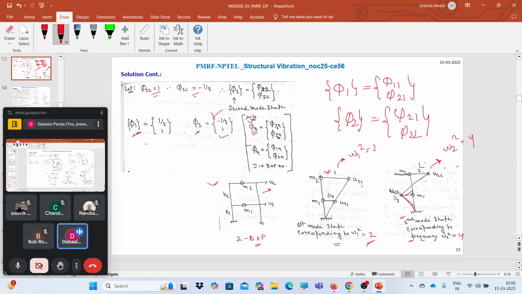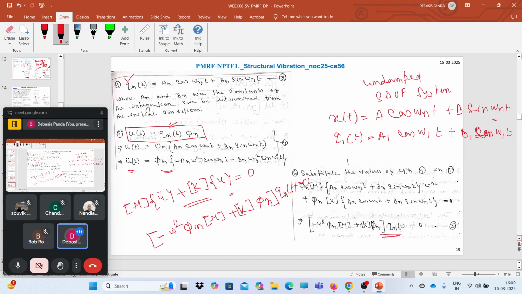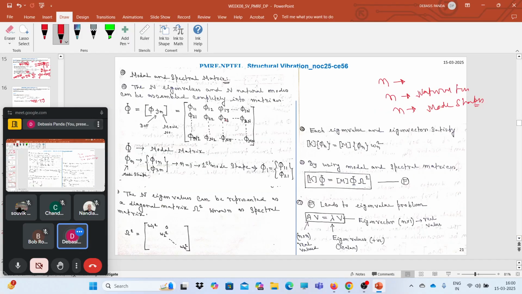So if we have n degrees of freedom and want to arrange all the mode shapes in one matrix, we call this the modal matrix, the capital Phi. The structure of the modal matrix is phi j n, where j indexes the DOF and n indexes the mode number.